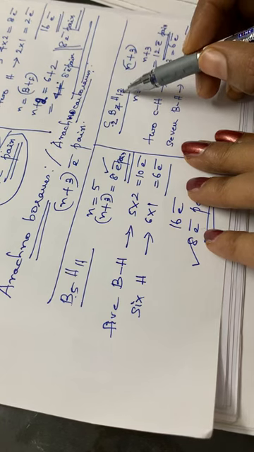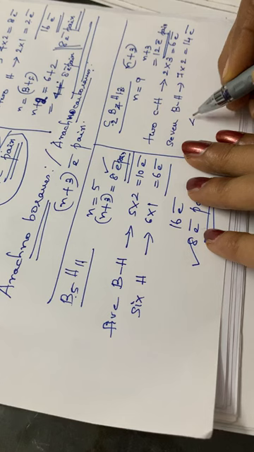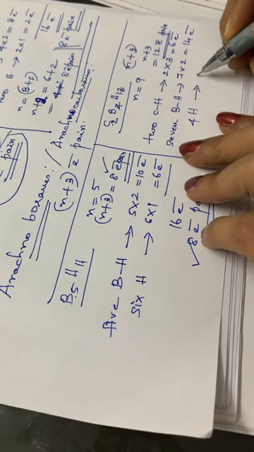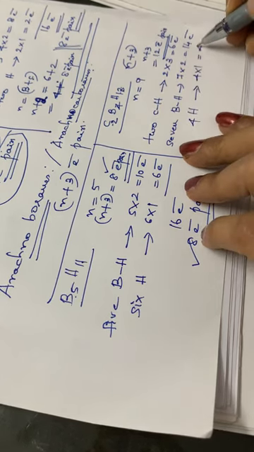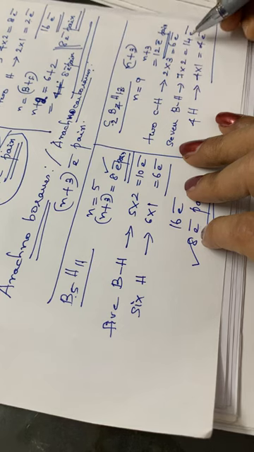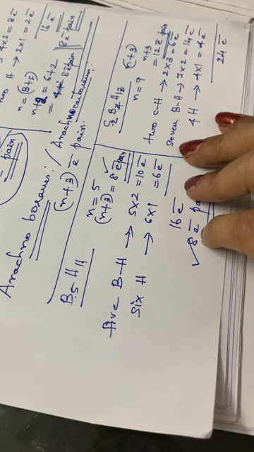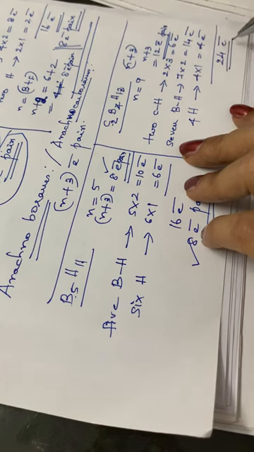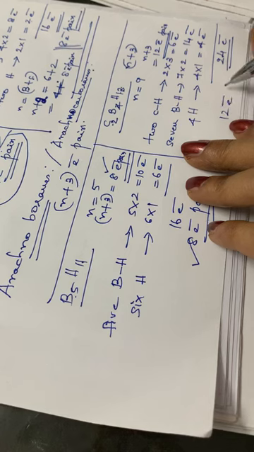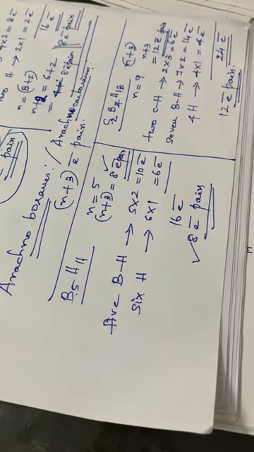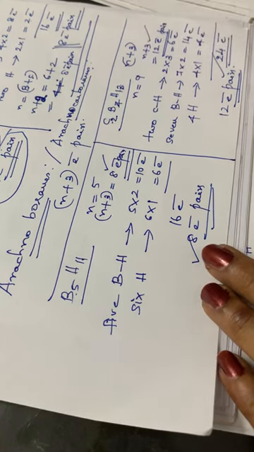The remaining is 13 minus 9, that is 4 hydrogens. 4 hydrogens means 4 into 1, that is 4 electrons. So in total 6 plus 14 plus 4, that is 24 electrons, or 12 electron pairs. Both of them are correct.